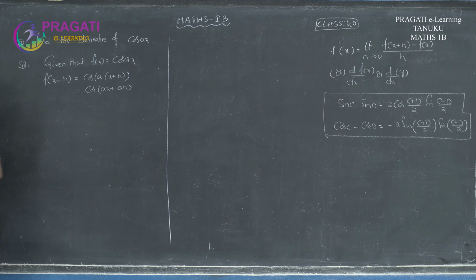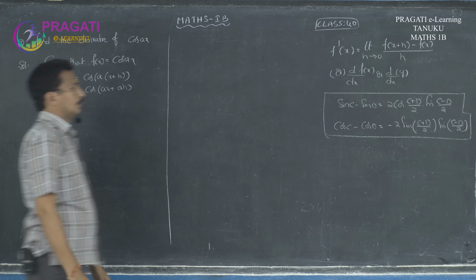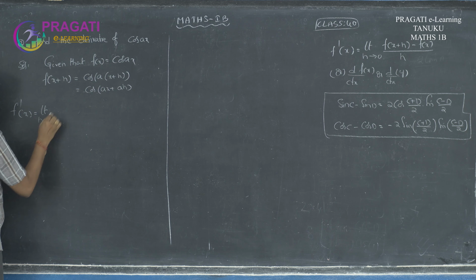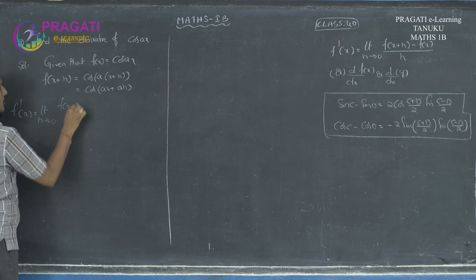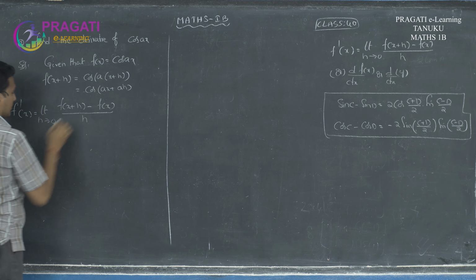Okay, now what is the formula? Now f dash of x is equal to limit h tends to 0 of f of x plus h minus f of x by h.